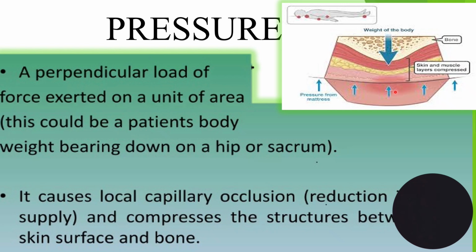The force will lead to the occlusion of the blood supply, which is in the periphery. So here the pressure means the perpendicular load of a force extended on a unit of area. That could be a patient's body weight bearing down on the hip or sacrum. It causes local capillary occlusion, reduction of blood supply, and compresses the structure between the skin surface and the bone.